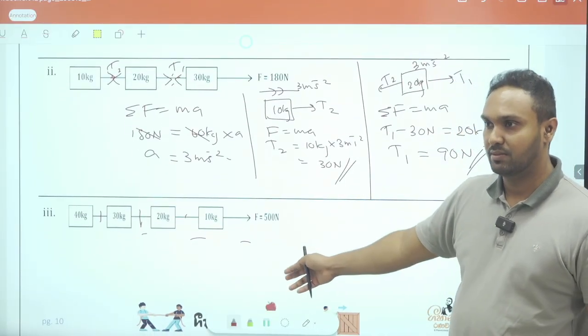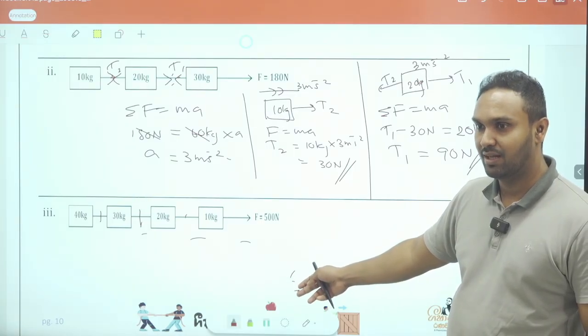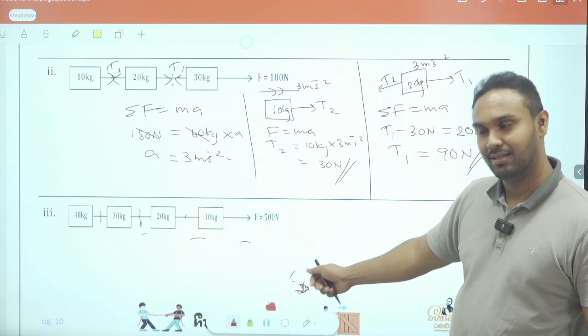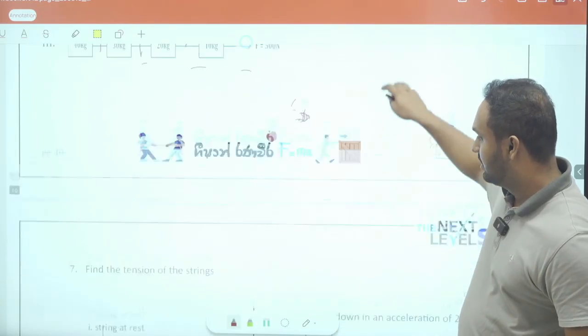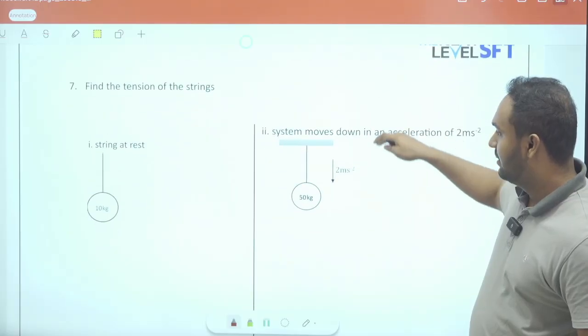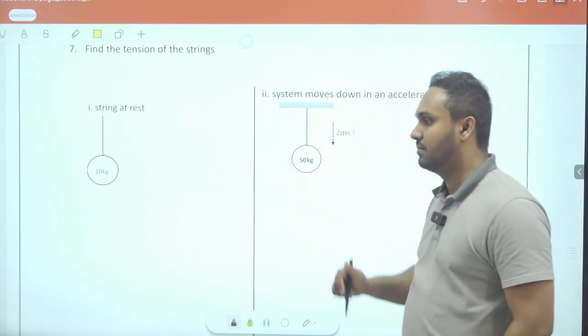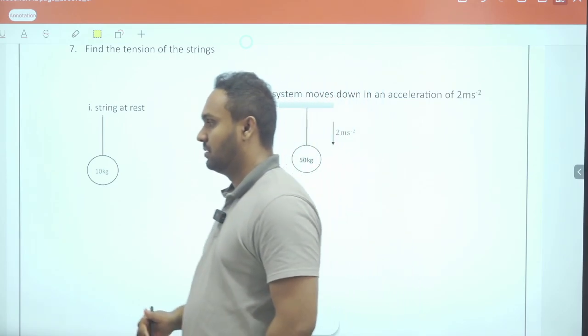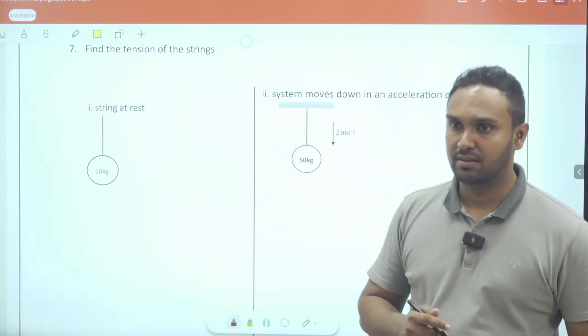Right, now this is homework. You do it at home, okay? This one, the last one. Always the last one is homework. Even you can do these questions as well, but we'll finish these questions next week, right?